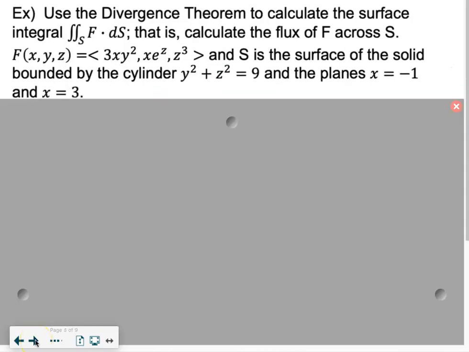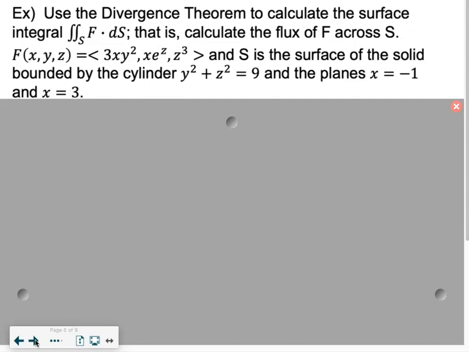Good. All right. One more. So we're going to use, actually there's a couple more things. So use the divergence theorem to calculate the surface integral of F dot dS, that is, calculate the flux of F across S if your F is 3xy squared, xe to the z cubed, and S is the surface of the solid bounded by the cylinder and the planes x equals -1 and x equals 3.